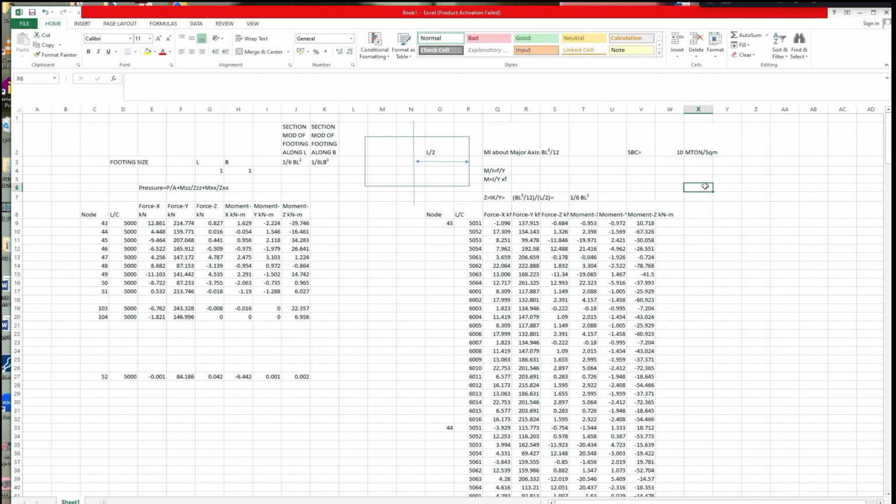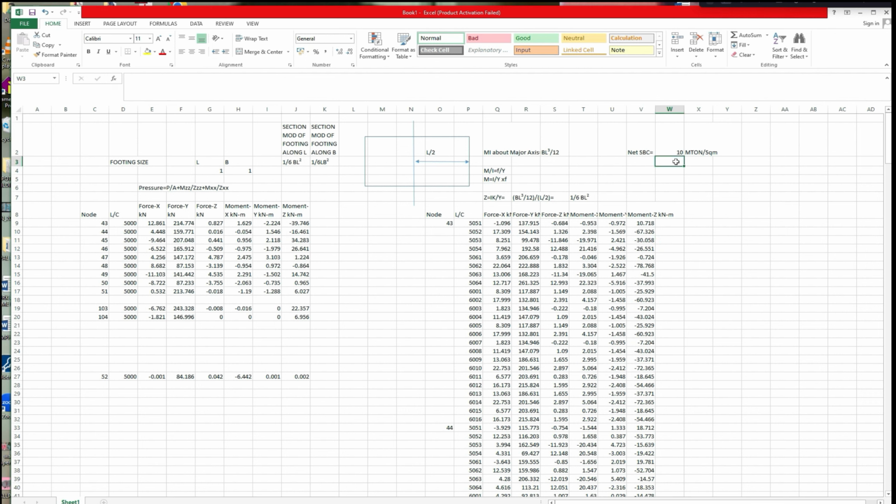We have to refer to the soil investigation report to get the recommended soil bearing capacity from the soil investigation consultant. This is usually the net safe bearing capacity which is given. Otherwise, if the gross bearing capacity is given in the soil report, we can arrive at the net safe bearing capacity by deducting gamma d, where gamma is the density of the soil and d is the depth of the foundation.